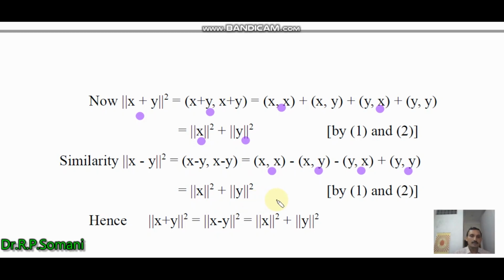Therefore, we have obtained that norm of x plus y squared equals norm of x minus y squared equals norm x squared plus norm y squared.